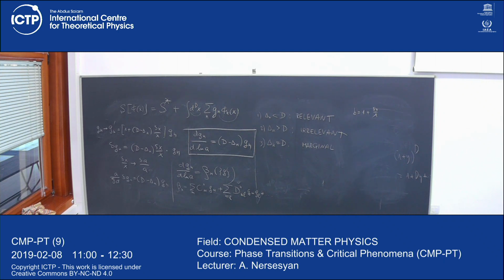Apart from some Gaussian model, I'm not aware of anything else in this respect. So we have all the definitions: relevant, irrelevant, marginal, and we understand that.